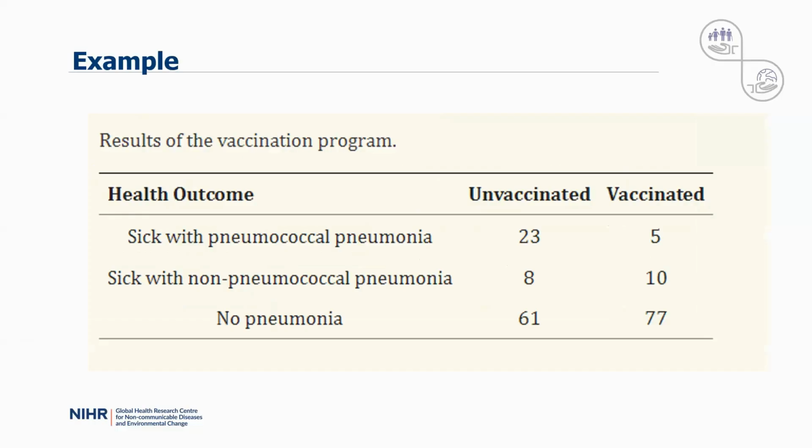The marginal total is 28, and the marginal column total for unvaccinated is 92. So you multiply 92 and 28 and divide it by the total number of samples, which is 184. That's how you get the expected cell frequency corresponding to 23. And for 5, for example, it will be 92 multiplied by 28 divided by the total number. So that's how you get the corresponding cell frequencies.